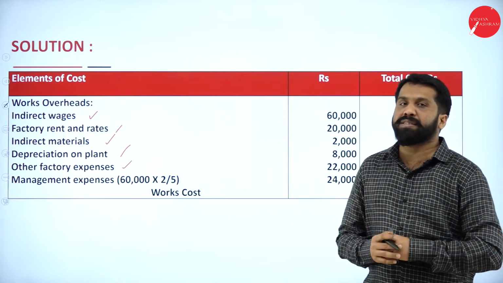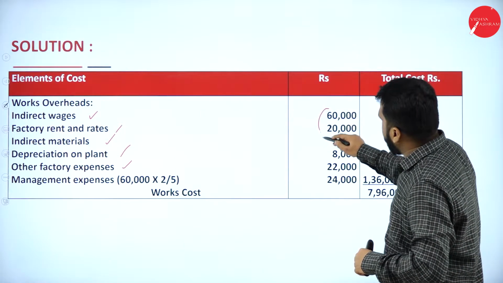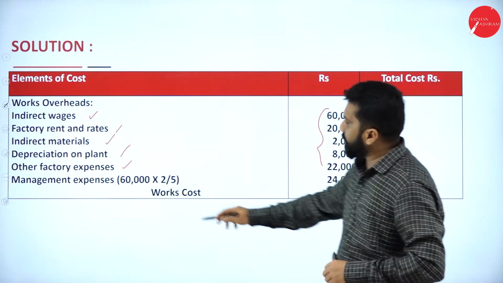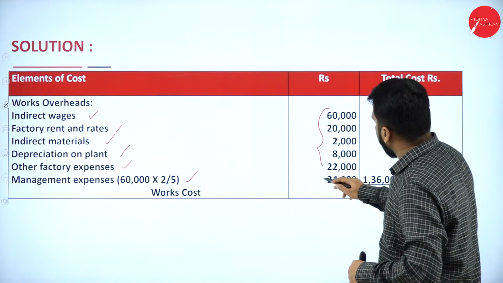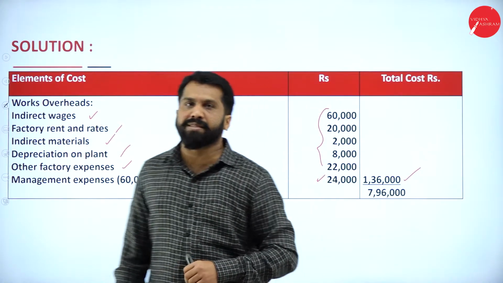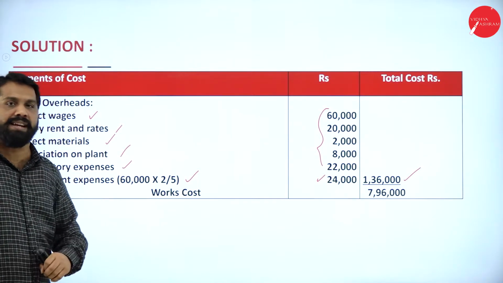These are the expenses we have. Now, how to calculate? Calculate everything. Finally, 60,000 into 2 by 5, you will get 24,000. Total, it is 1,36,000.